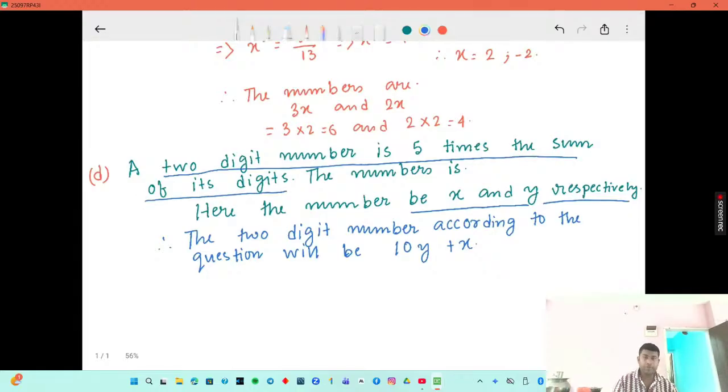So when we are making this equation for this question in order to solve the value of x and y, therefore according to the question we can write 10y plus x is equal to 5 times the sum of its digits.